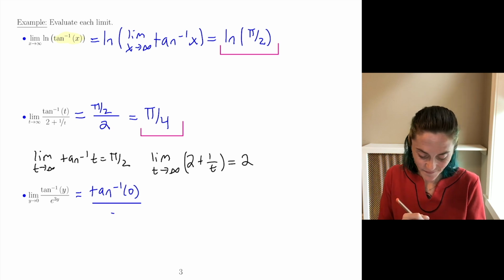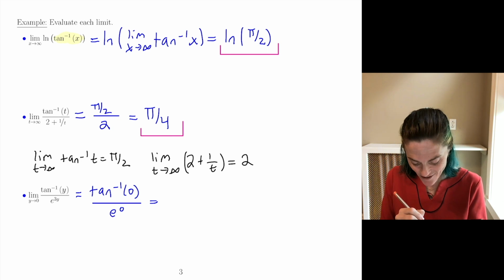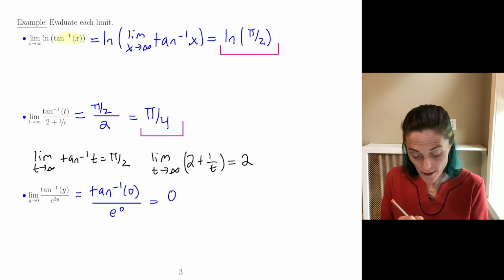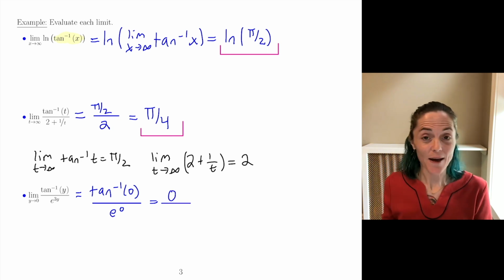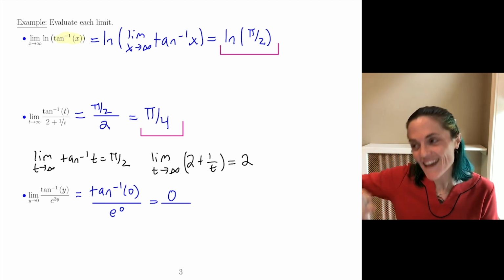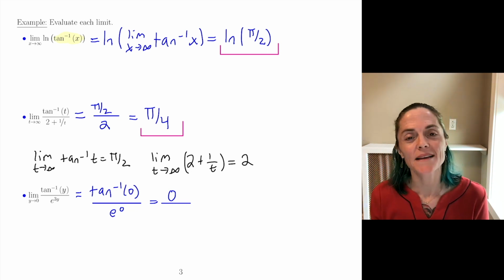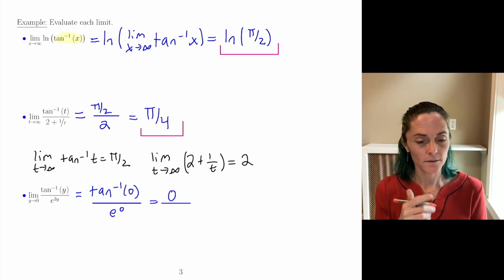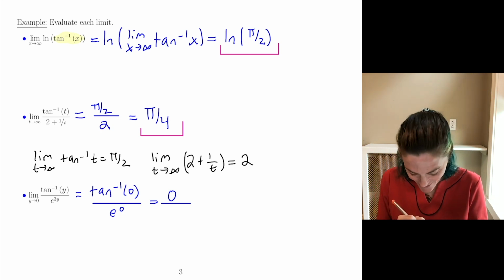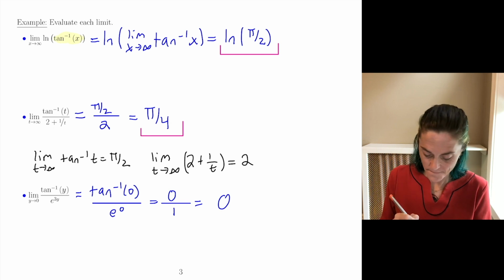Tan inverse of 0 is 0. That we calculated, but you could also think about it again. The tangent value is 0, and the angle is between minus pi over 2 and pi over 2. This happens at theta equals 0. Okay, e to the 0 is 1. And so altogether, this limit is 0.